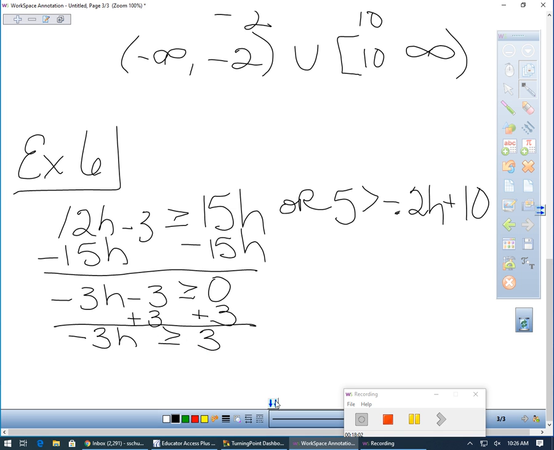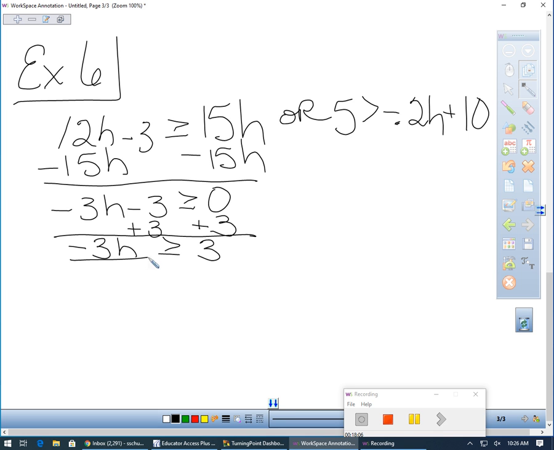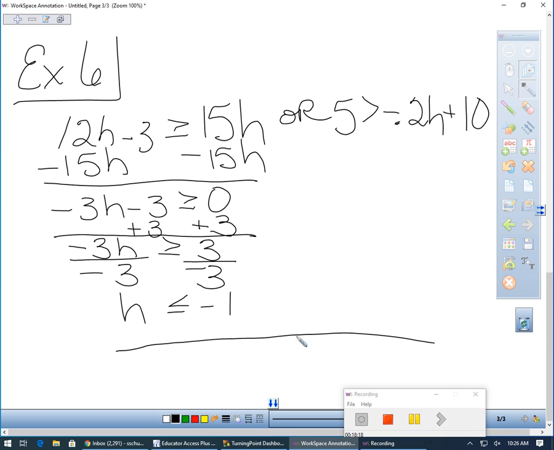Then what? Good. We're going to divide by a negative, so we have to use all those rules we were talking about before. h is less than or equal to negative 1. So on my number line, oops, that was a very straight number line. At negative 1, I have a closed dot, and this goes which direction? Left. Very good.